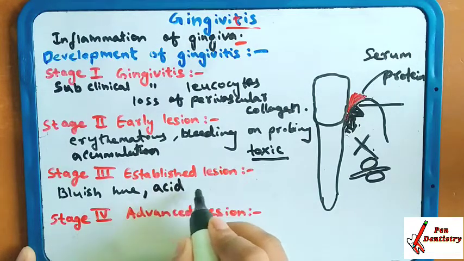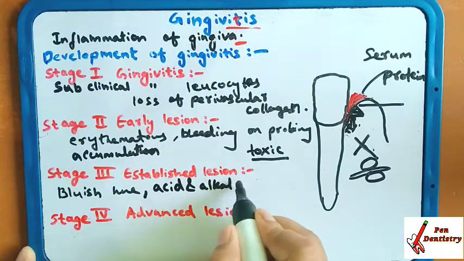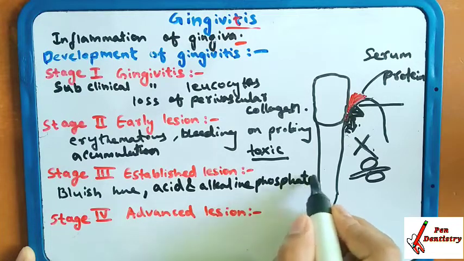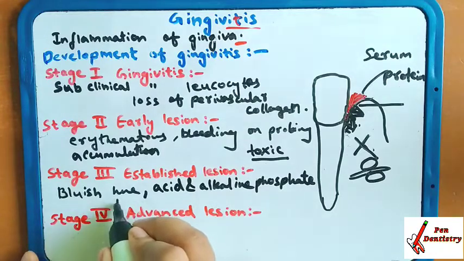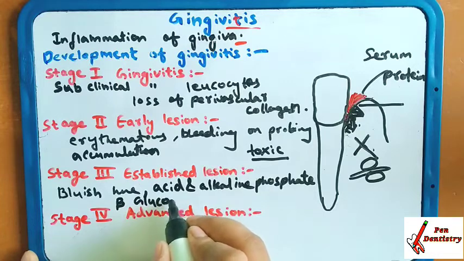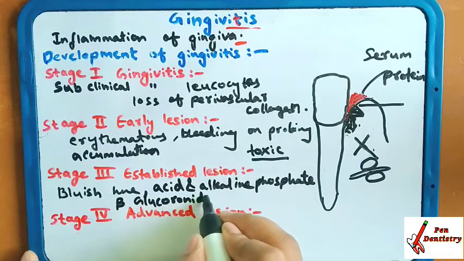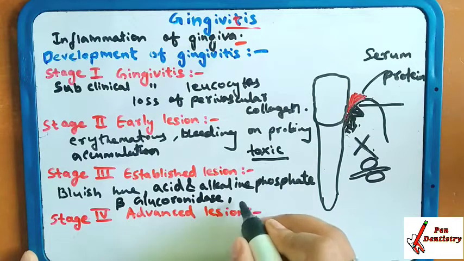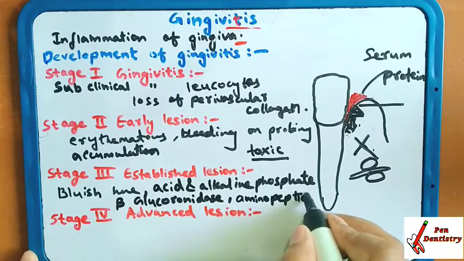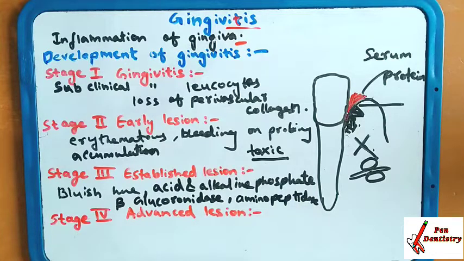Acid and alkaline phosphatase, beta glucuronidase, aminopeptidase, and the rest of the things you can see in the third stage, that is the increase in the level of the enzymes. These enzymes will be increased.